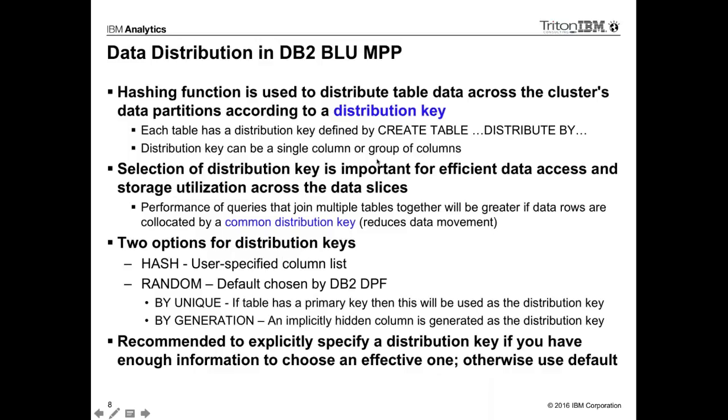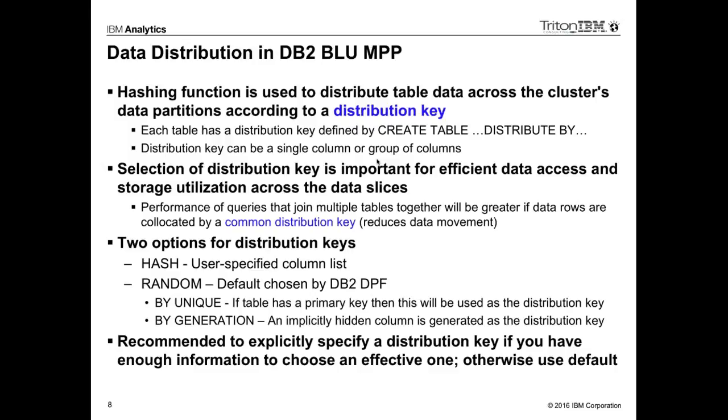Okay, so this gets down to data distribution. In the old version of DB2, we could do distribution by a hashing function. Basically, we try to create a normal distribution of the data so that it's uniformly distributed across all of the nodes. So you want uniform distribution, and we use a distribution key.